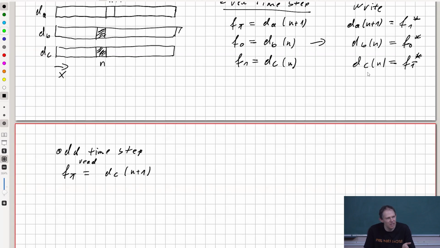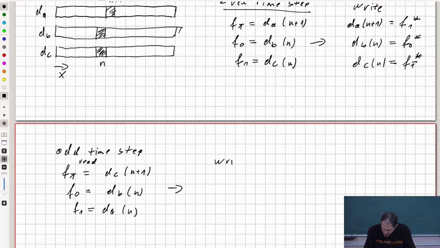So we have to read it from dC again, and we read it again at the neighbor further away. It's here. Right, the F0, there's no change. This is always dB N, and F1 we write as dA N, we read as dA N.